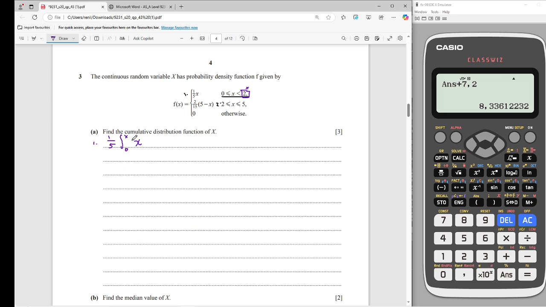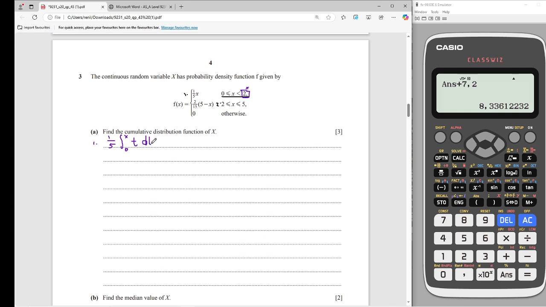But in this case, since our upper limit is x, we can't have x here, so we need to integrate a dummy variable which I call t. Any variable is fine, but the most commonly used is t, and so dt is what we're going to be differentiating with respect to. When you do this, you get 1 by 5, and now let's integrate t.